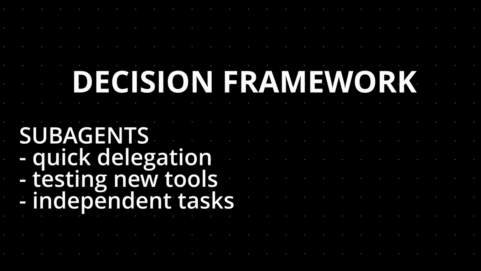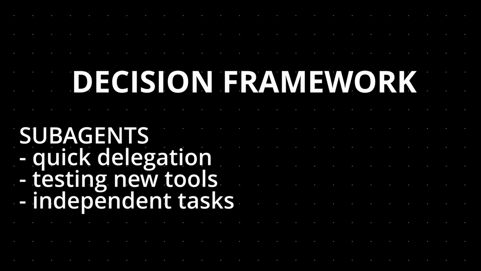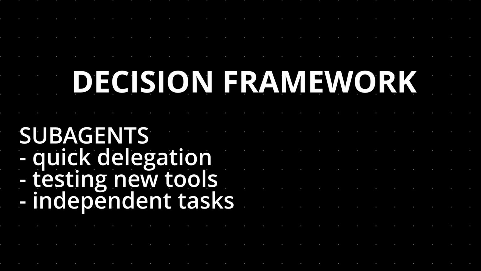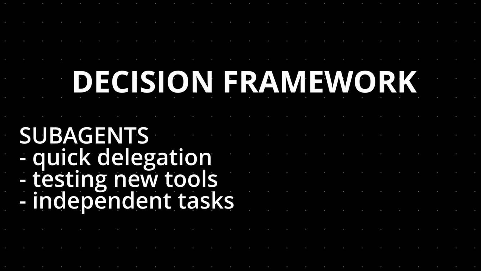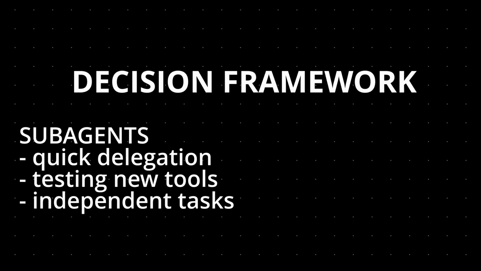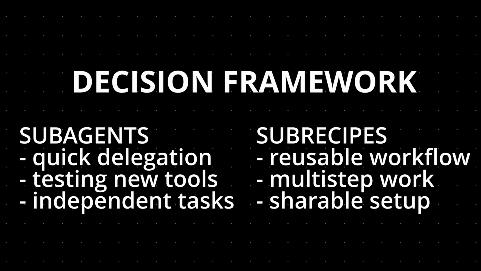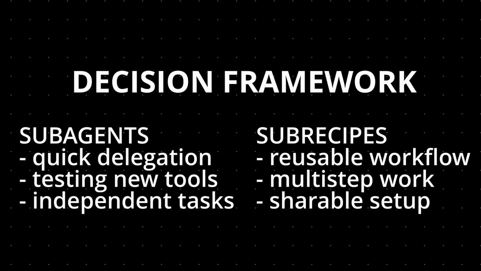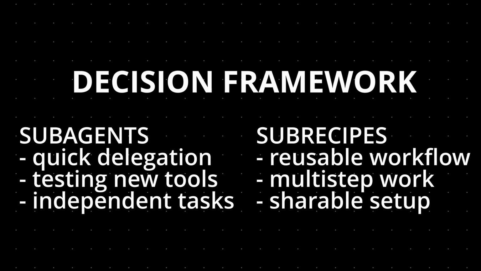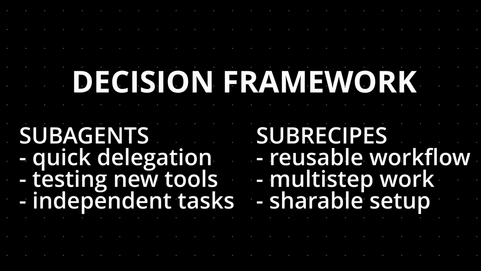Here's a decision framework. You'll want to use subagents when you need quick, one-off task delegation where the process isolation is really important, or when you're working with external AI tools or experimenting with approaches, or the tasks can be done completely independently. On the other side, you'll want to use subrecipes when you're building reusable workflows, where you need structured parameter handling, or when you're creating complex multi-step processes for automation.